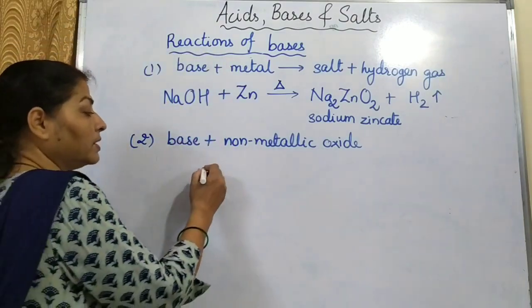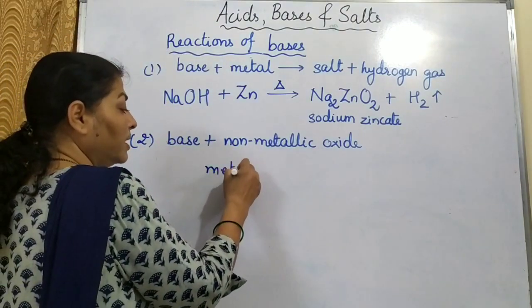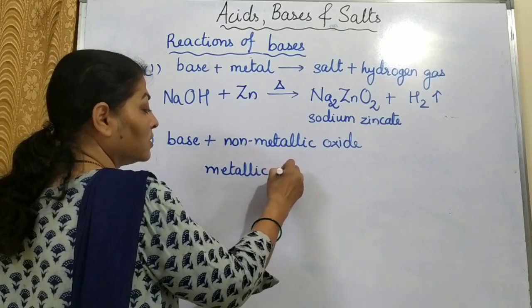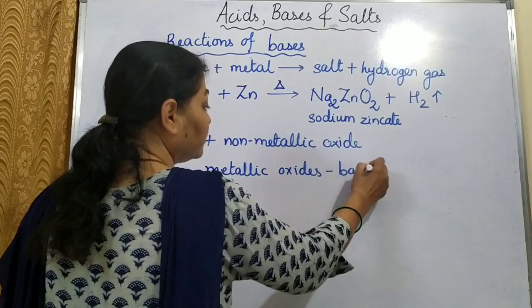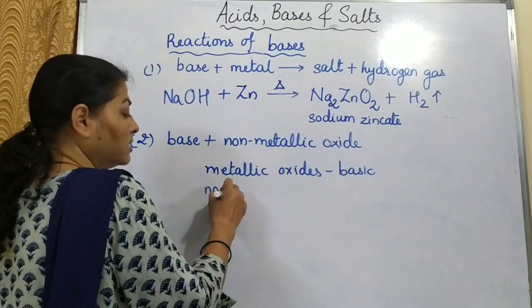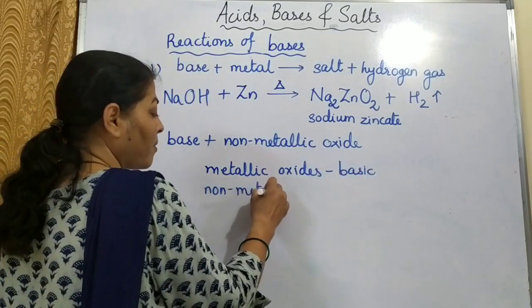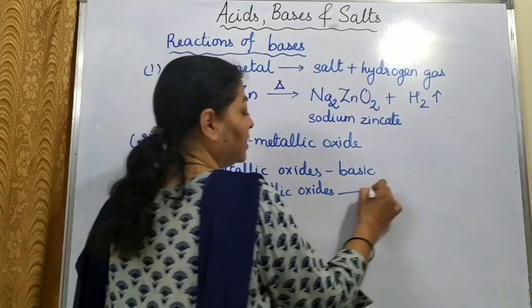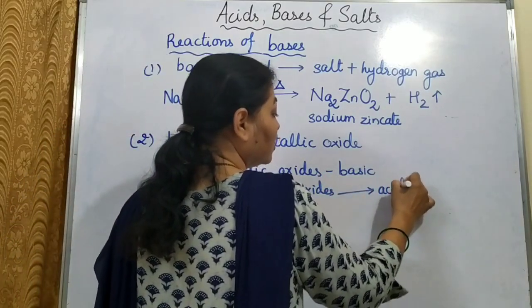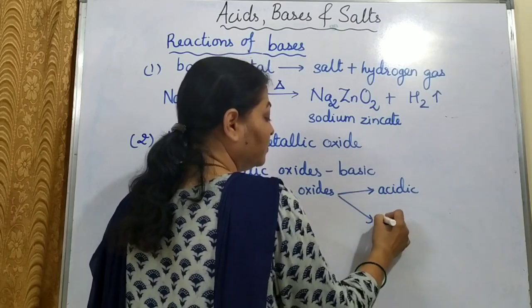So you have to remember this. You can note down in rough. Metallic oxides are basic. Non-metallic oxides can be either acidic or neutral.